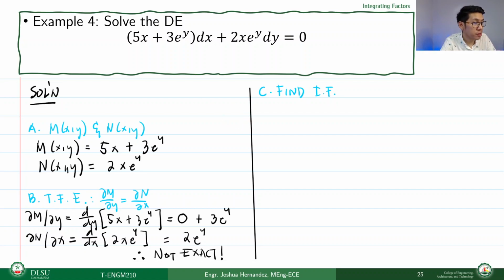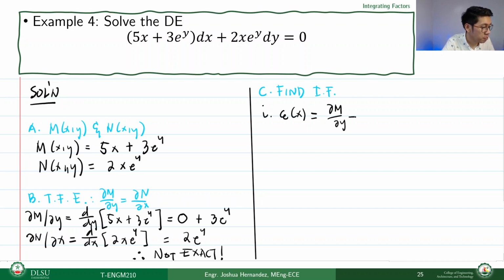We first check if epsilon of x, which is the partial derivative of m with respect to y, minus partial derivative of n with respect to x, all over n, is a function that is fully dependent on x. So let's try and do that.